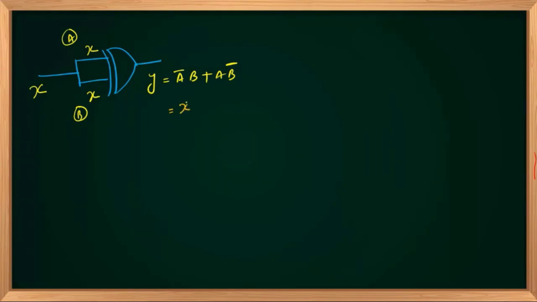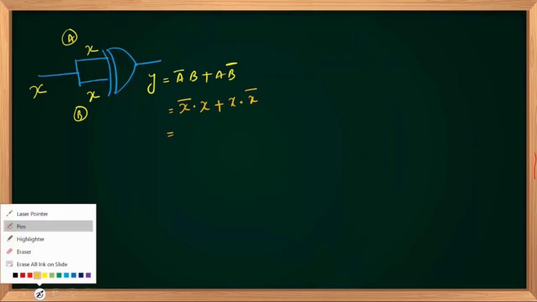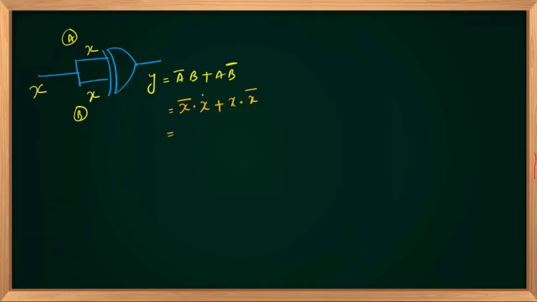So this is nothing but X bar dot X, or X dot X bar, right? And everyone knows this. What is X dot X bar? X dot X complement and X complement dot X are both equal to zero. So 0 or 0 will be 0 itself. So Y is always equal to 0. Right, that is obvious.